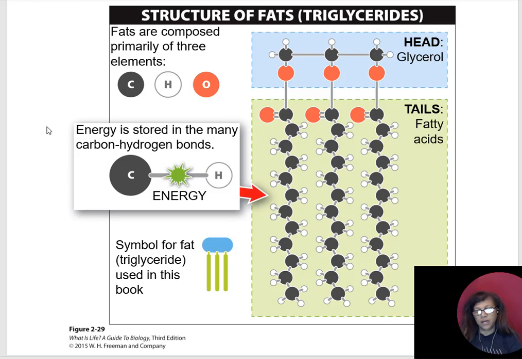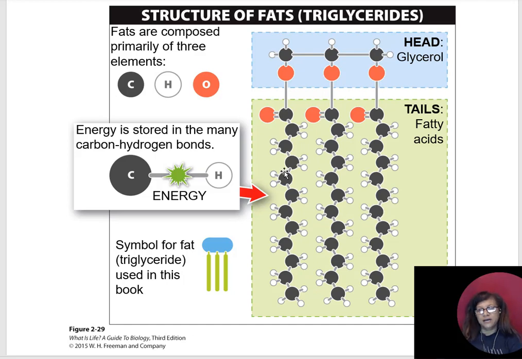And the reason why our body uses fats is because this is a lot of high energy bonds. Remember that carbon-hydrogen bond that we can break to get energy? Well, take a look at this fatty acid tail. Look at how many carbon-hydrogen bonds we have to break there. How much energy is stored there, okay?